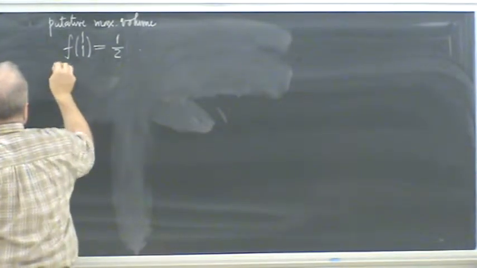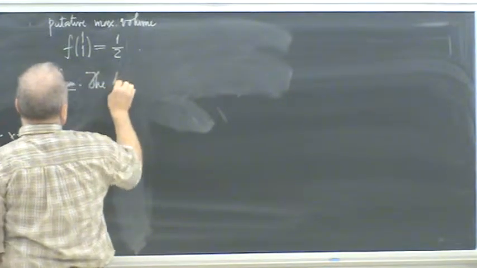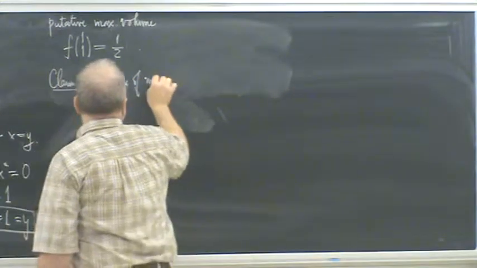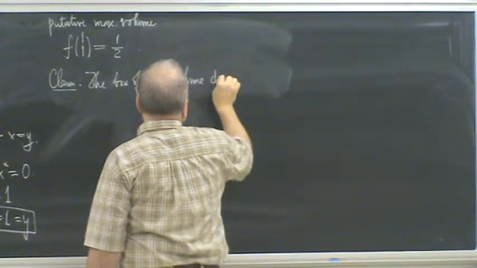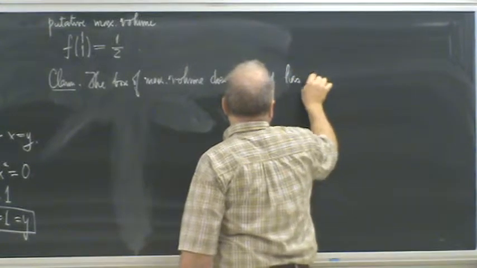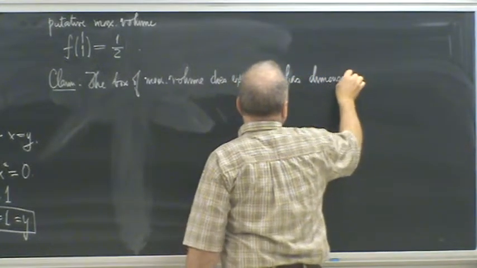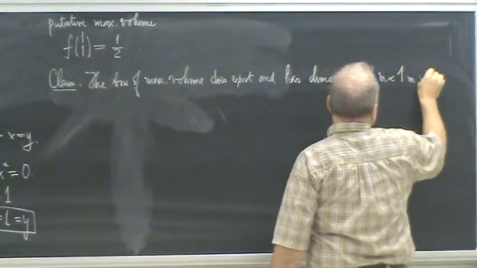So we claim that the box of maximum volume does exist and has dimensions 1 meter by 1 meter by a half meter.